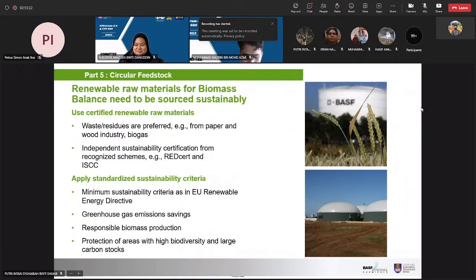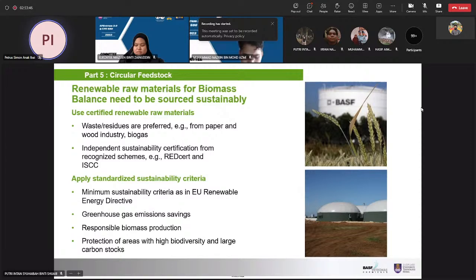Now the raw material for the biomass needs to be sourced sustainably. In this case, we are using certified renewable raw materials, and independent sustainability certification is available from a recognized scheme, in this case REDcert, and also to apply standardized sustainability criteria.